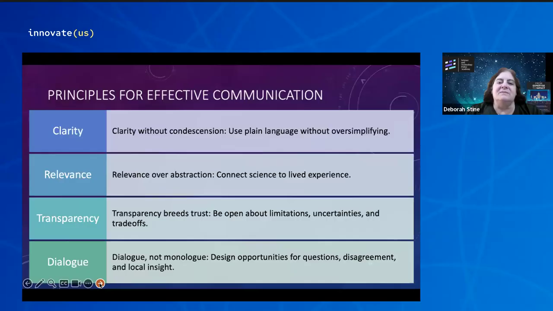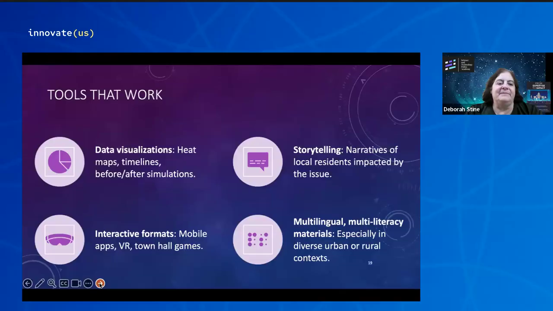So it's important to be open about the limitations, the uncertainties, the trade-offs, and you want a dialogue, not a monologue. So you want to design opportunities that are part of your community engagement. Again, at each part of that engagement, from the very beginning to the very end and even afterwards, to give opportunities for questions and local insight related to the scientific and technical information that's being presented.